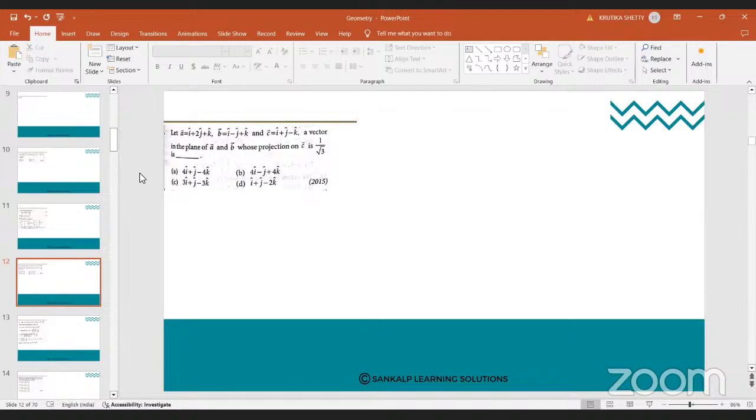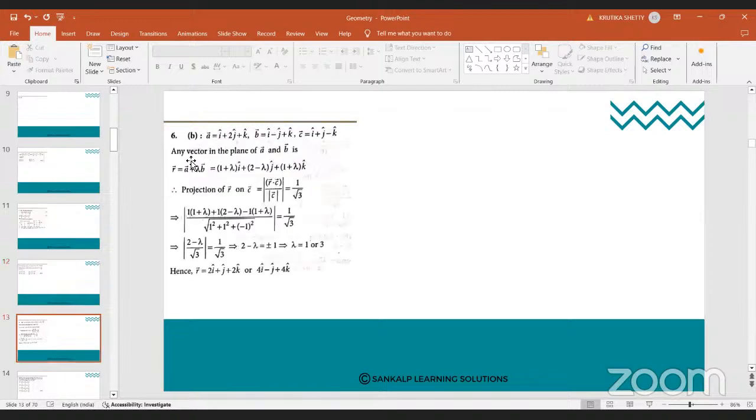We have to consider the first vector. Any vector in the plane of a and b is r equal to a plus lambda b. This is a line present in the plane of a and b. Substituting the values, we get 1 plus lambda i cap, 2 minus lambda j cap, and 1 plus lambda k cap.